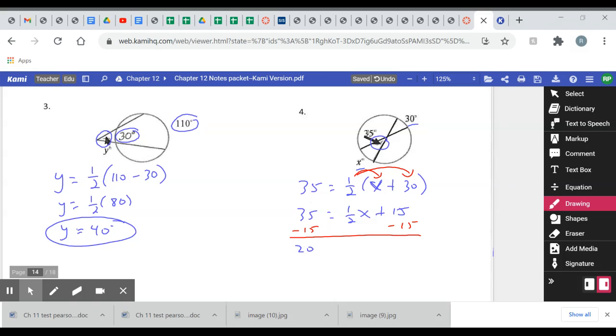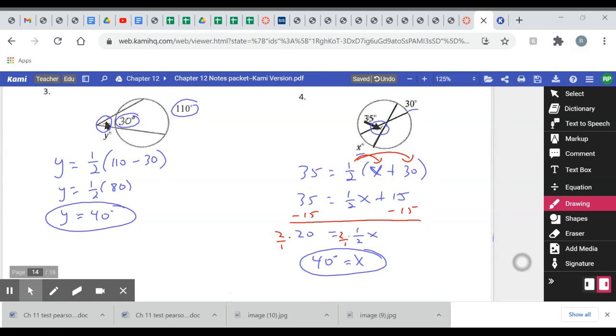And that gives me 20 is equal to 1/2 X. And from here, if I try to get X by itself, I can basically multiply by the reciprocal here. Multiply by 2 on both sides or multiply by 2 over 1, either way. And that's going to give me X is equal to 40 degrees. There we go. Got 40 for both of those.